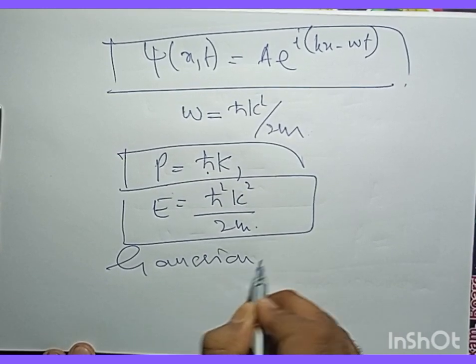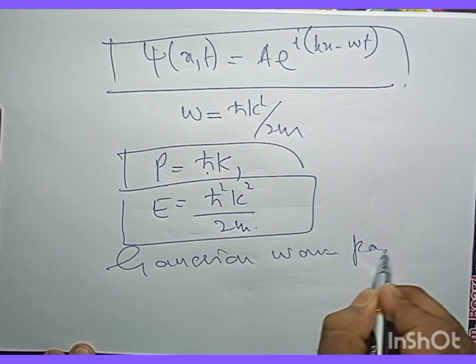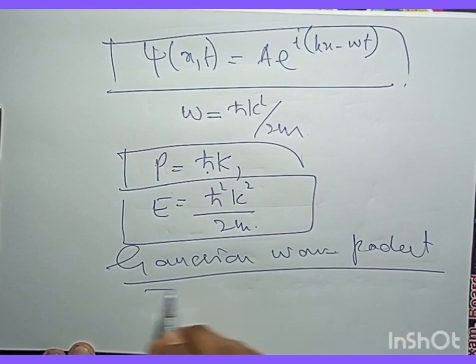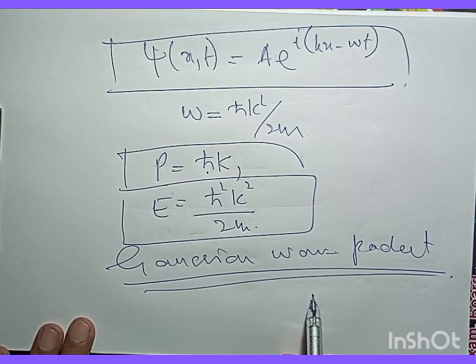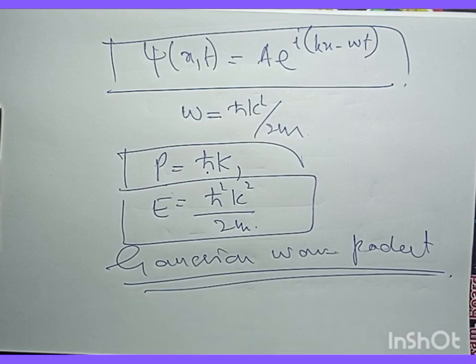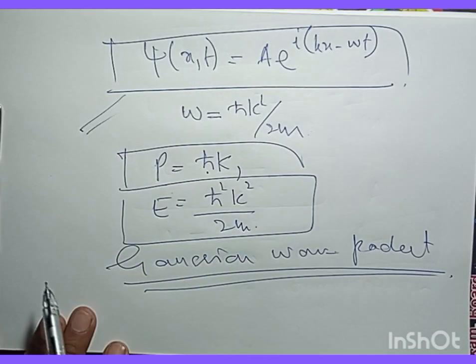A Gaussian wave packet. This Gaussian wave packet is a more realistic representation of the free particle. I mean, a free particle is basically a Gaussian wave packet, which can be thought of as a superposition of many plane waves.